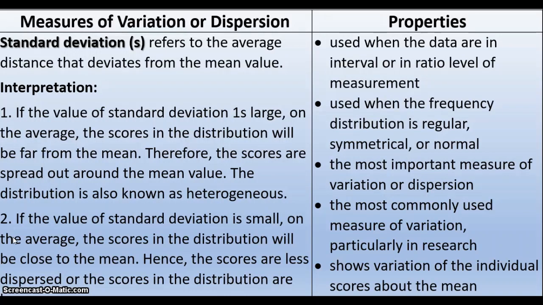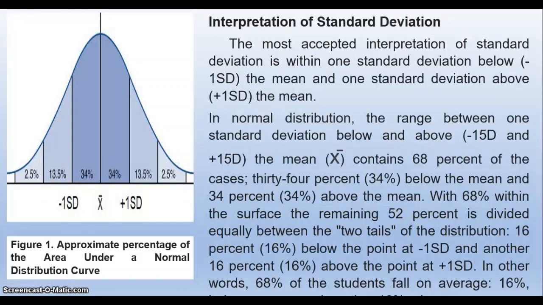You have to remember that if it is large, the scores are scattered or spread out, or heterogeneous. And if the standard deviation is small, the scores will be close to the mean, near to the mean and less dispersed or less scattered, or homogeneous.